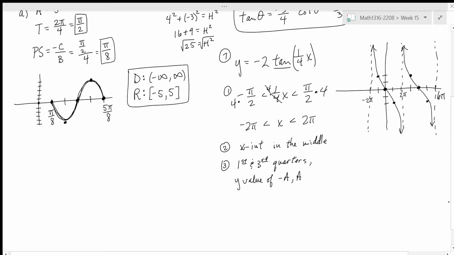Because every 2 spaces is a 2 pi. So that means every 1 space is a pi. 1, 2, there's 2 pi, 3 pi, 4 pi, 5 pi, 6 pi. How's that? You like it? You don't have to like it. You just have to know how to do it. And that's it for number 7.